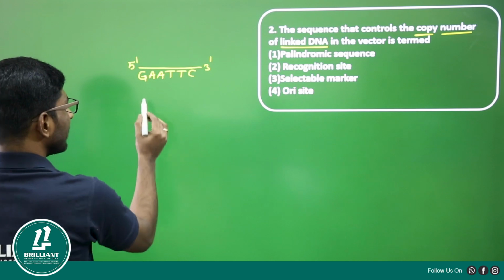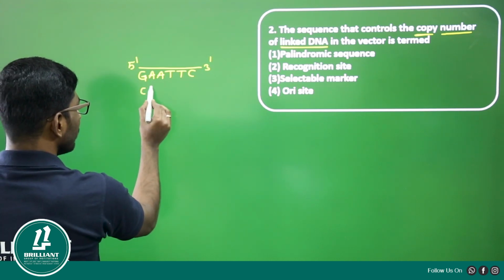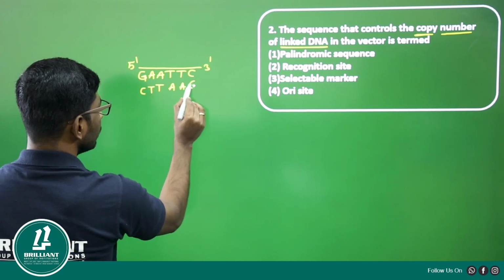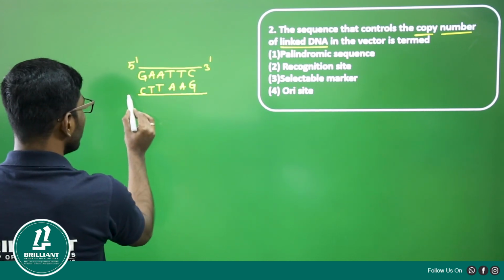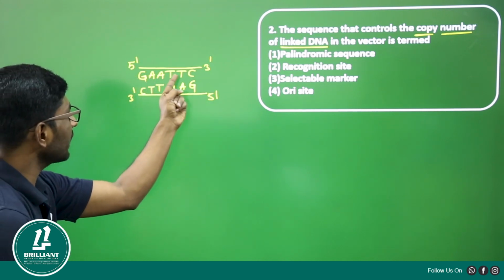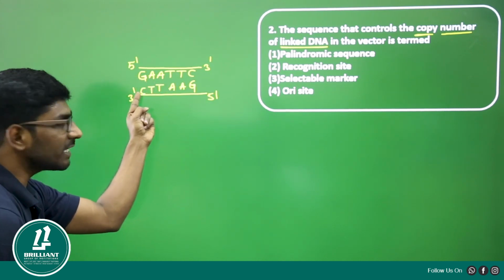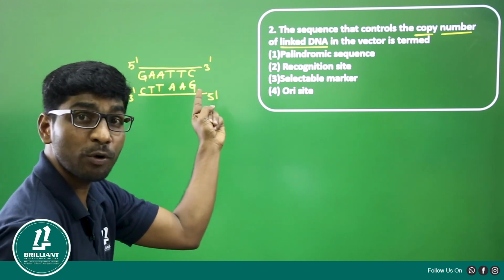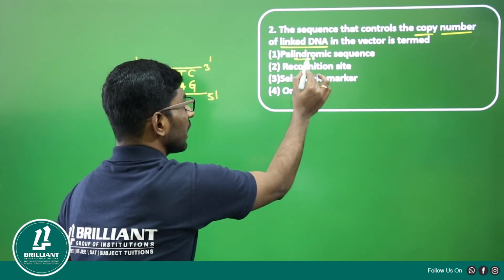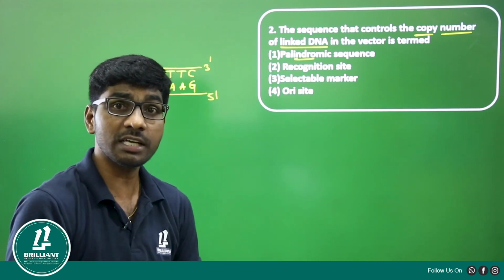So what is the complementary strand here? CTTAAG. Read from 5' to 3' and 3' to 5', it is GAATTC. So this is called a palindromic sequence.